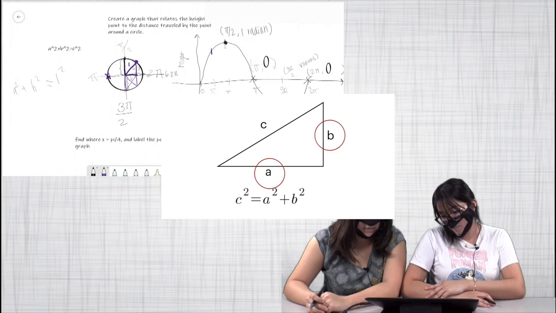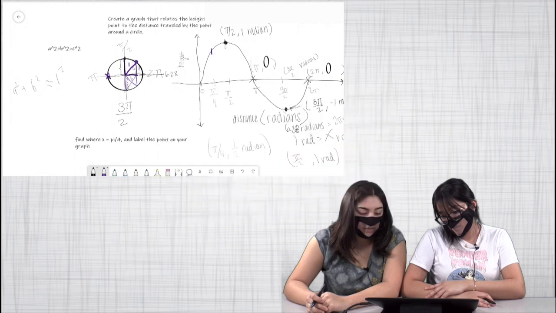But how? Because pi over 4 is halfway along the point's journey from its starting position to the top of the circle at pi over 2, we know that the angle formed by our line is pi over 4. We can use this to find the missing angle of our triangle. Recall the fact that the sum of the angles of a triangle is equal to pi.